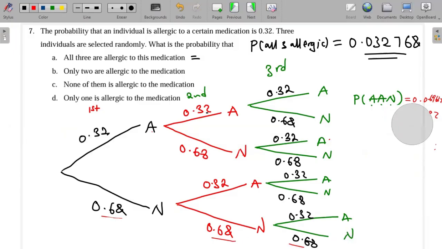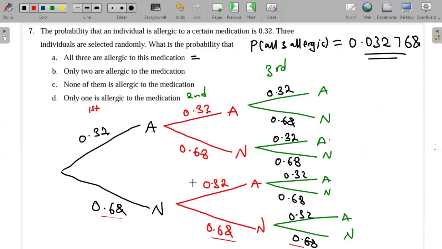Okay, so only one is allergic. It means I have which combinations now? It means of those three, only one should be allergic. Okay, so where can I find those combinations where only one is allergic? So it can either be what now?